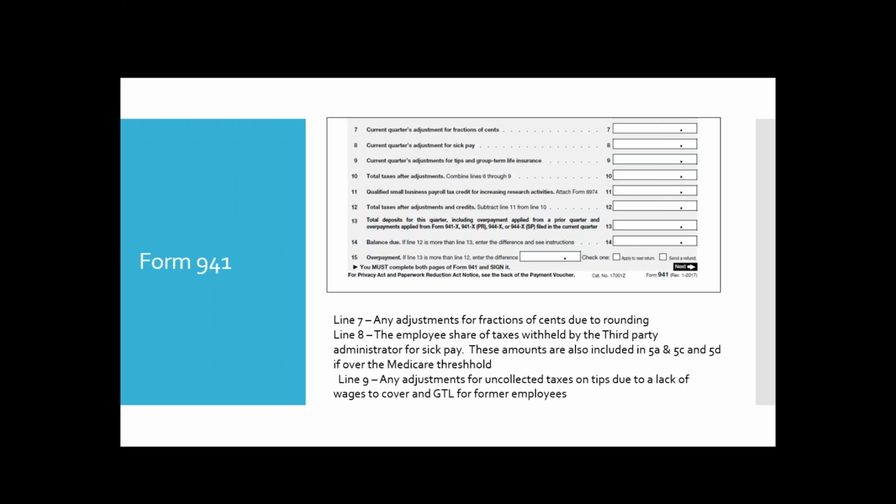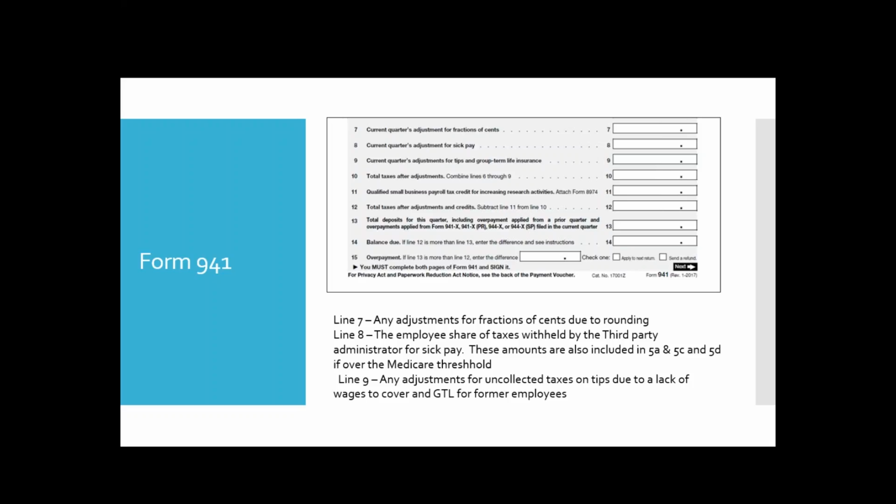Line 8 is an adjustment spot for entering the employee portion of taxes withheld by a third-party sick pay administrator. You would also include these amounts on line 5A and 5C and 5D if an employee earned over the $200,000 Medicare threshold.